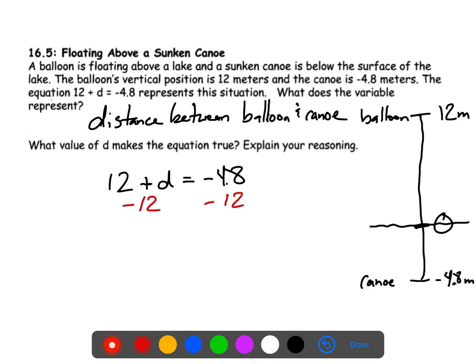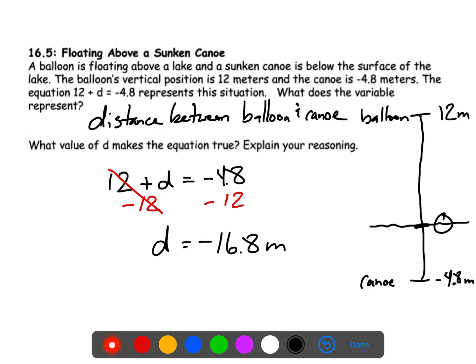That will keep it balanced and equal. When I take away 12 after adding 12, that'll cancel, which is what I want. And to find the value of D, I just need to combine these two negative amounts to get negative 16.8 meters.